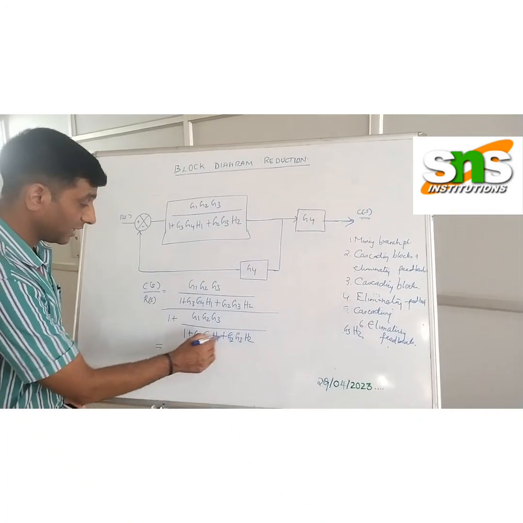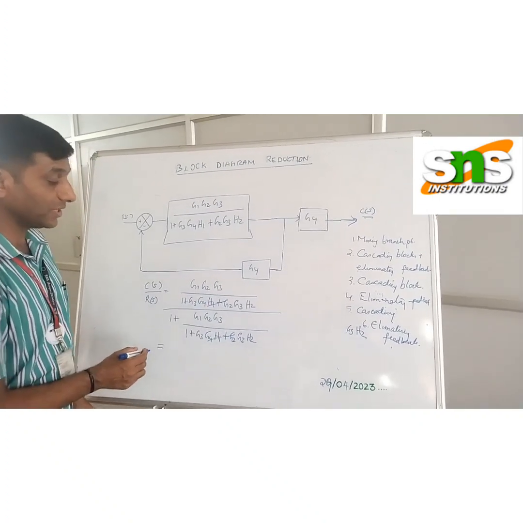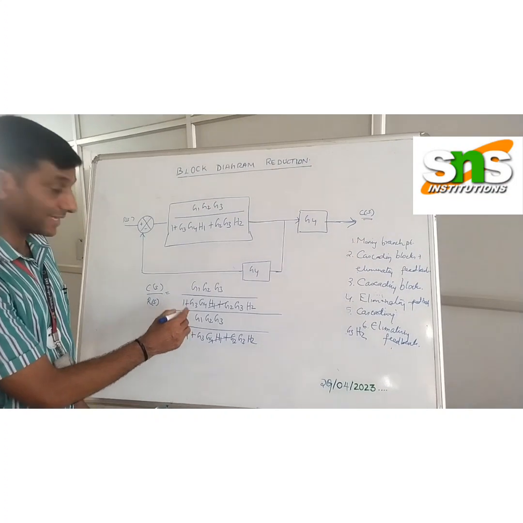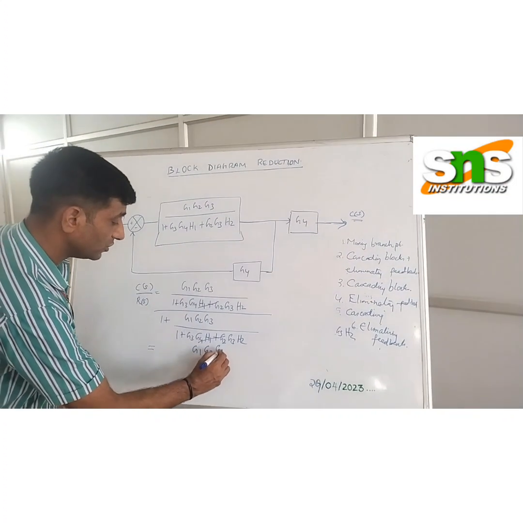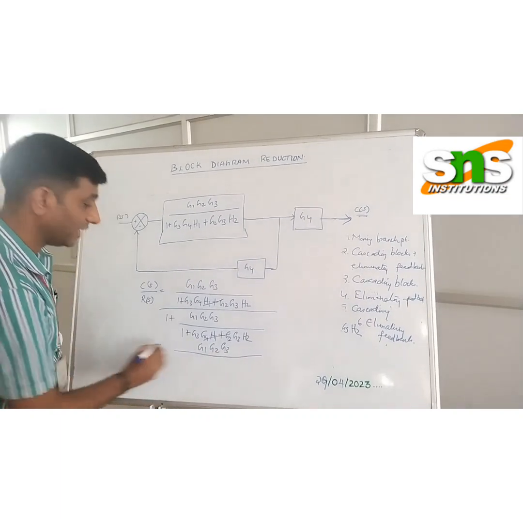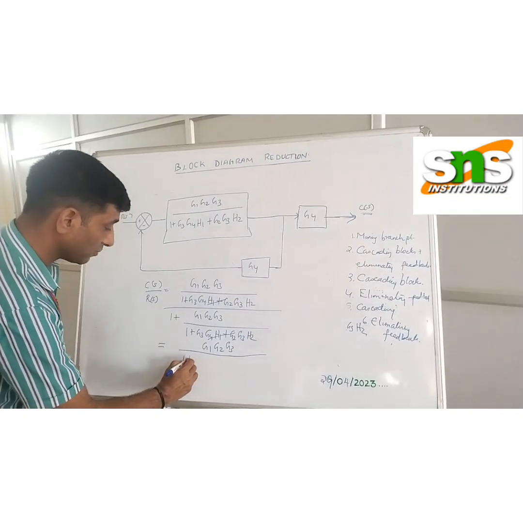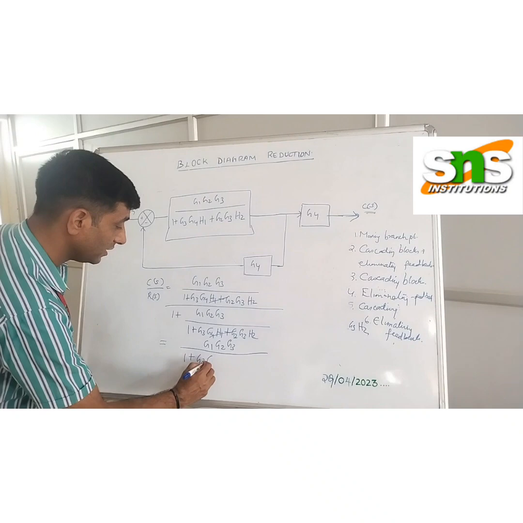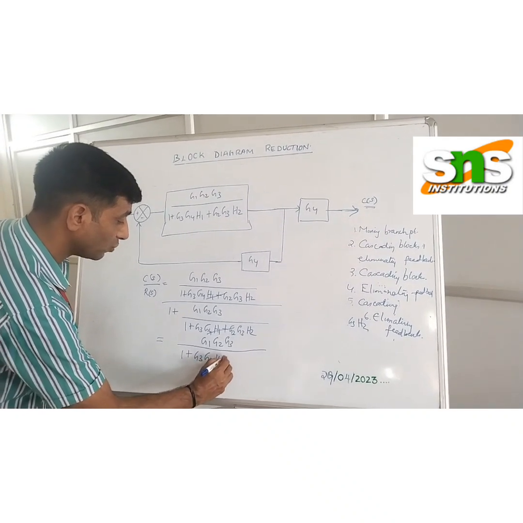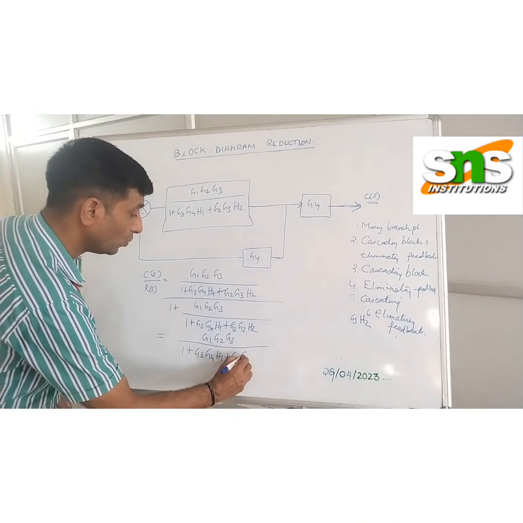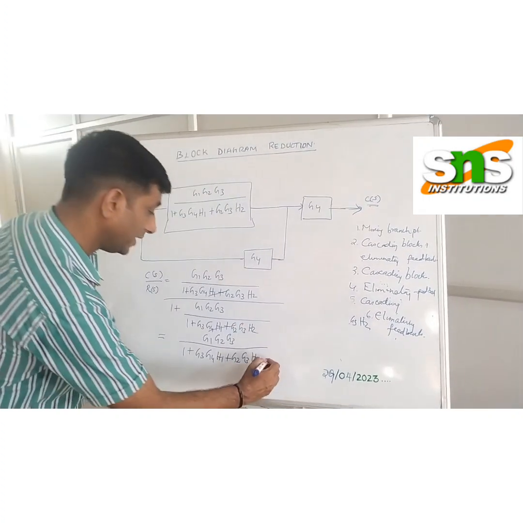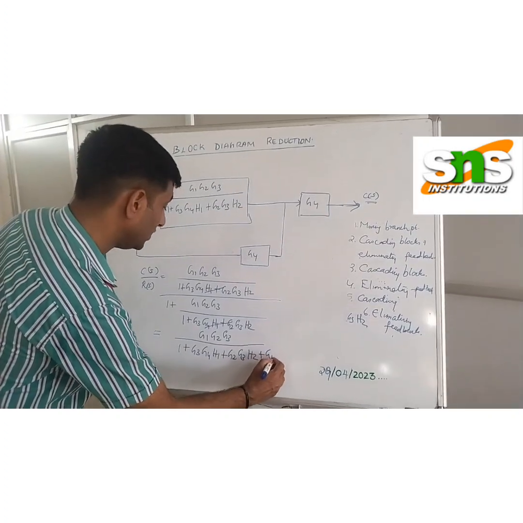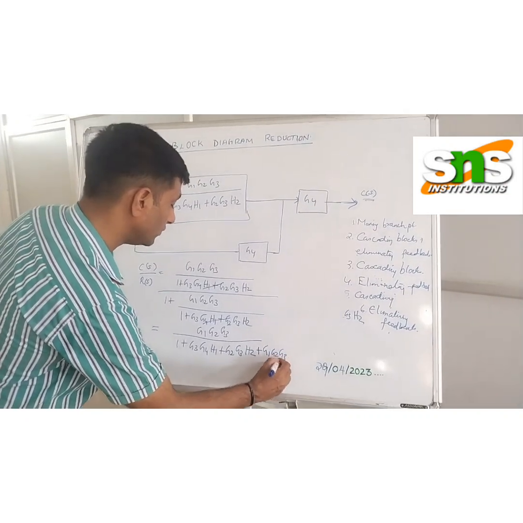Now I am just removing the numerator, that is after taking LCM. Now my transfer function becomes G1, G2, G3 divided by, so I am just taking my LCM, so it is 1 plus G3, G4, H1 plus G2, G3, H2, okay, and then the remaining is plus G1, G2, G3.